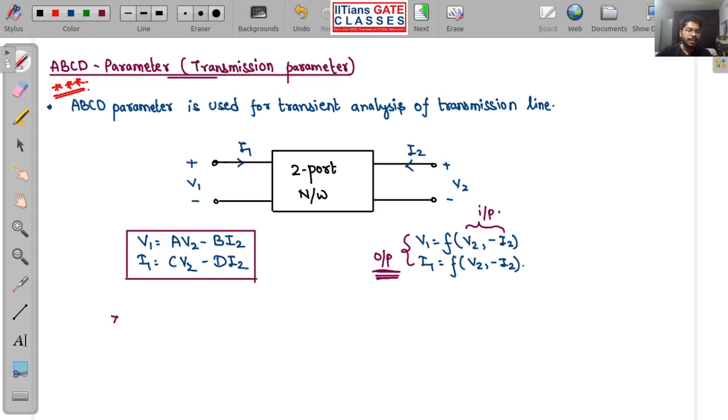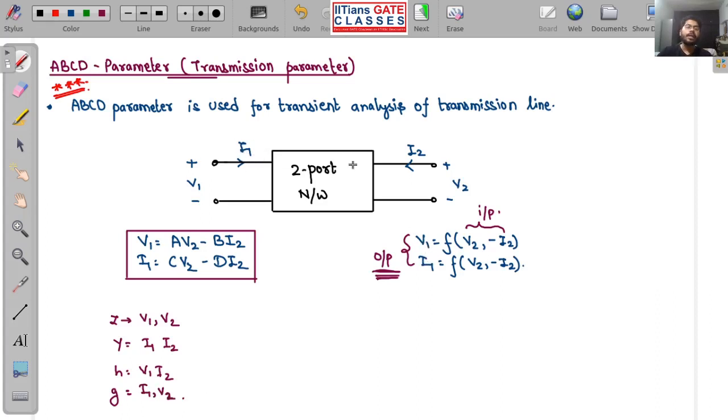Previously in Z parameters, my output was V1, V2. In Y parameters, it was I1, I2. In H parameters, it was V1, I2. In G parameters, it was I1, V2. But here you can see my output is V1 and I1, basically the same variables on the input side.